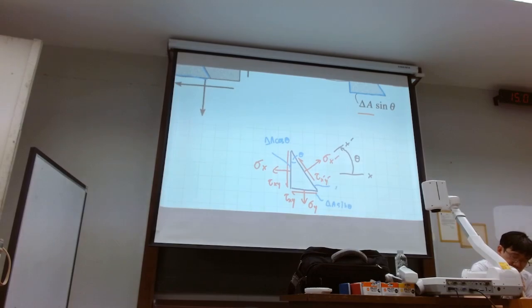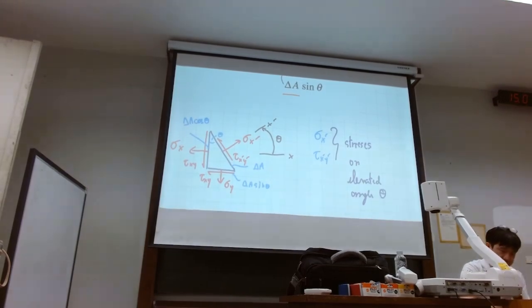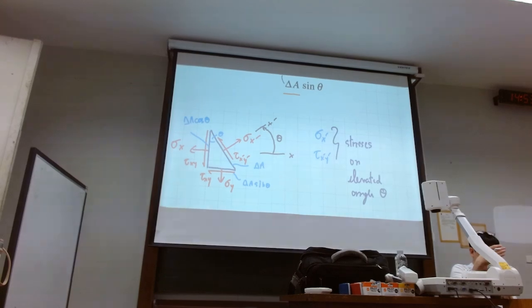And the area over here is just delta A. Again, the sigma x prime and tau x prime y prime, those are the stresses on the new cut at that point, and we call those the transformed stresses.